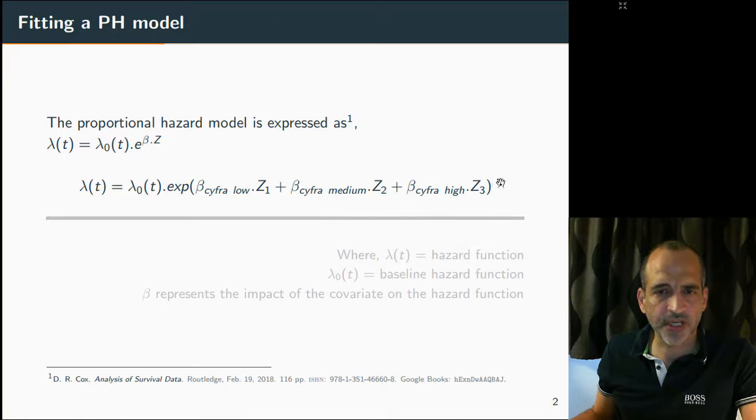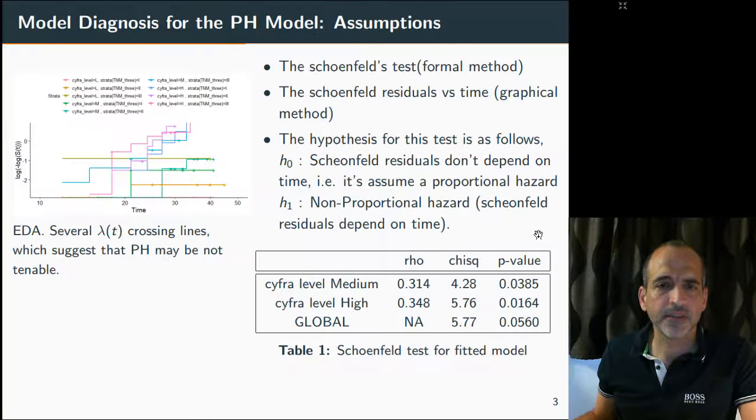So this model proposes that the effect, the explanation of this covariate, is fixed in time. So we need first to check this assumption to be able to interpret the estimate.